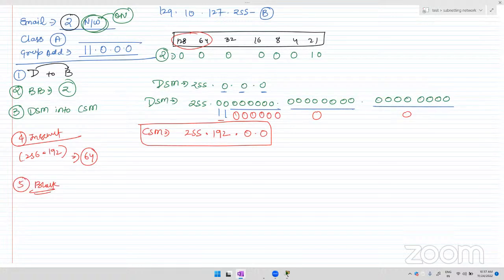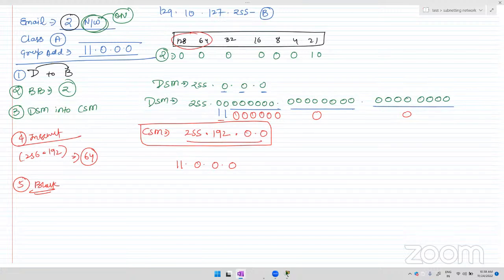Now the fifth task, the network block: 11.0.0.0. In your subnet mask, how many octets are full or how many octets are free? One full, 3 free.